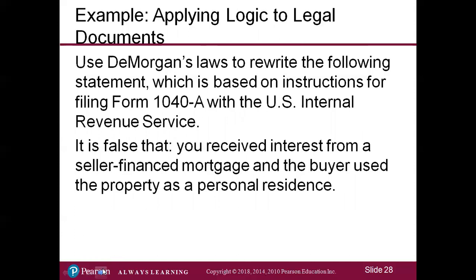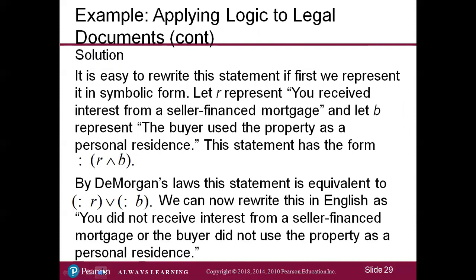Use De Morgan's law to rewrite the following statement, which is based on the instructions for filing Form 1048 with the U.S. Internal Revenue Service. It is false that you received interest from a seller finance mortgage and the buyer used the property as personal residence.